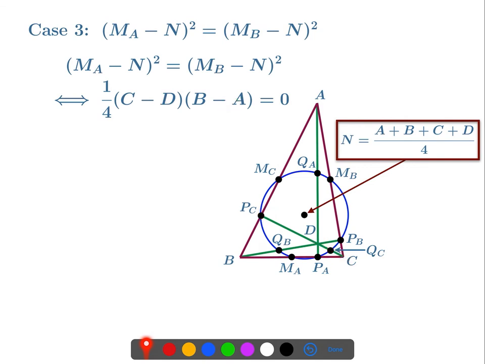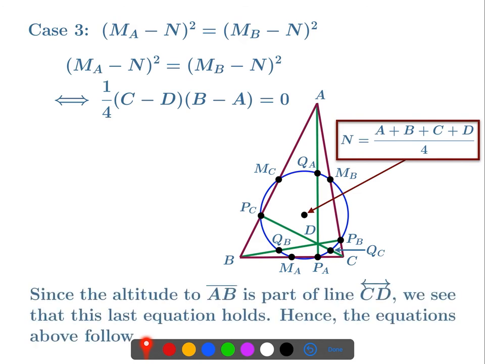So we do, in fact, have that the dot product is 0. This was an if and only if, this argument. So since this is 0, we will have that this has to be true. Again, this is 0 looking at the picture because this is part of the altitude to side AB. So we end up with this equation being true. The distance from n to m sub a is the same as distance from n to m sub b.